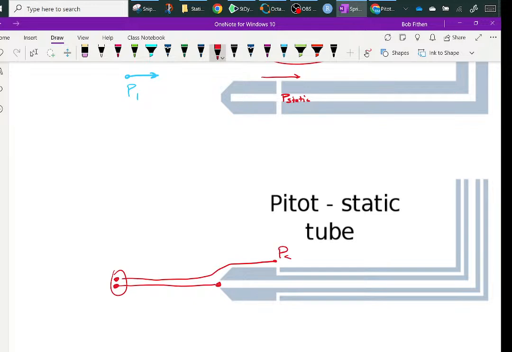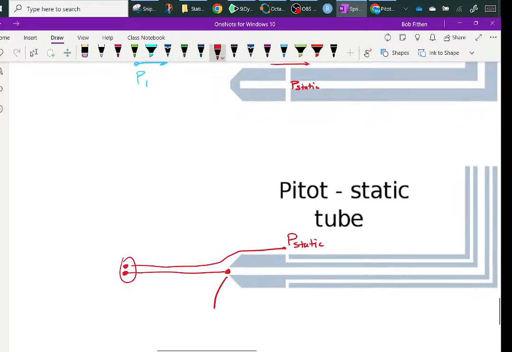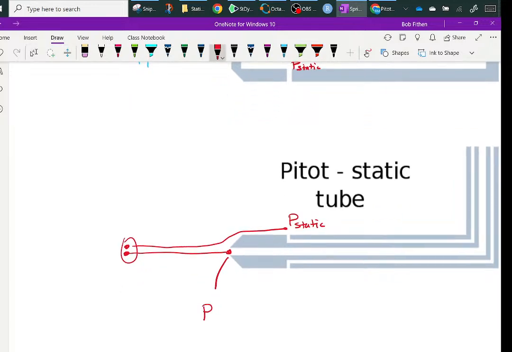So here you're picking up the static, and here you're picking up what they call the dynamic pressure, which is essentially the static pressure plus the energy, a rho v squared over 2, because it got stagnated.